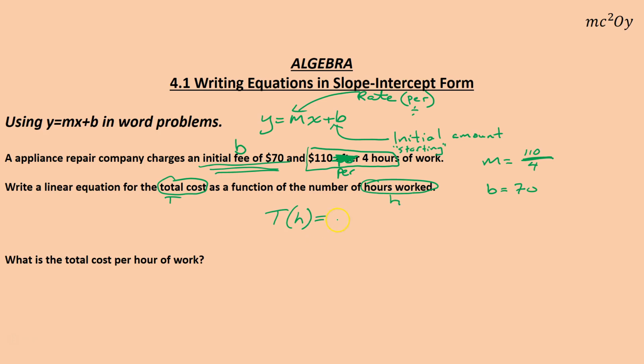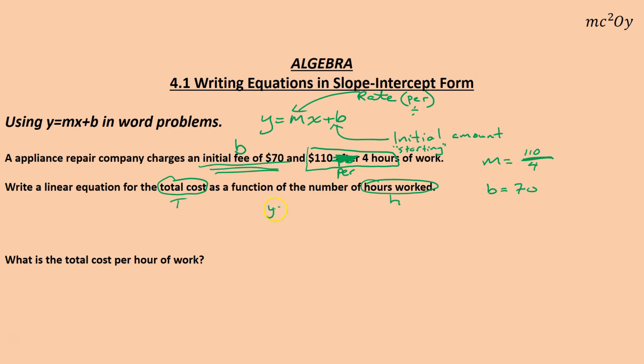So T of H is going to be equal to M times H plus B. Now, I could have lost some of you right there. What happened to y equals mx plus b? Well, remember, we still are in y equals mx plus b, so let me back up a little so I don't confuse you. Total cost is a function of hours.